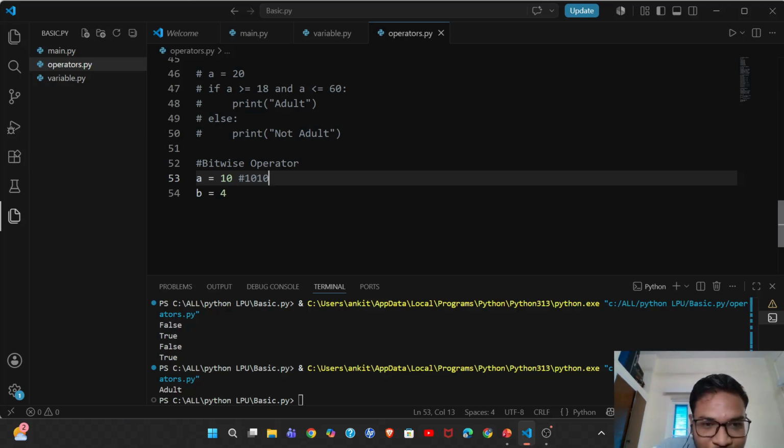Just assume 2 to the power 0, 2 to the power 1, 2 to the power 2, and 2 to the power 3. Here the value for 2 to the power 1 is 2.